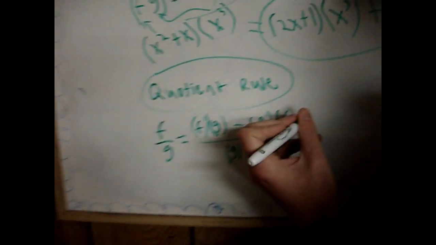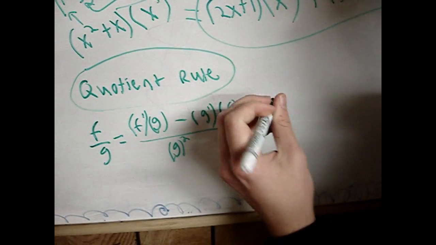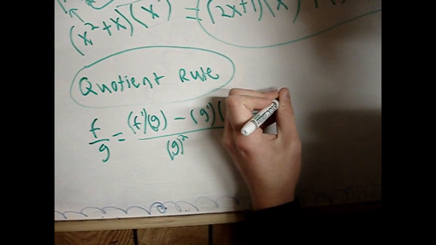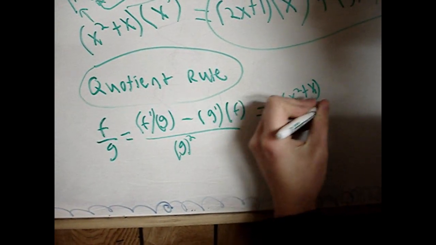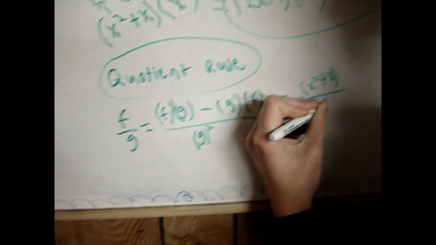Alright, so we'll just use the same thing as last time, with f being x squared plus x over x cubed.